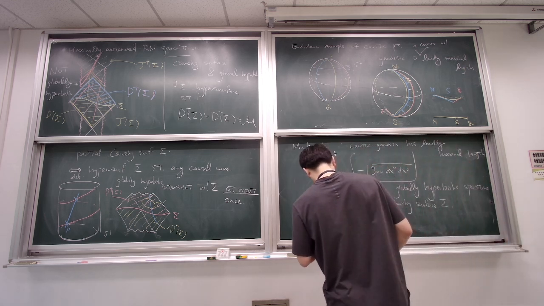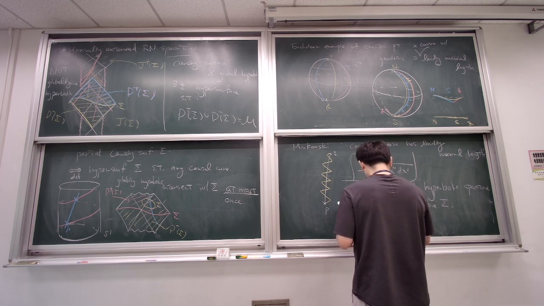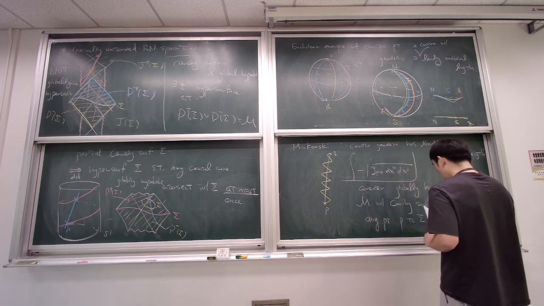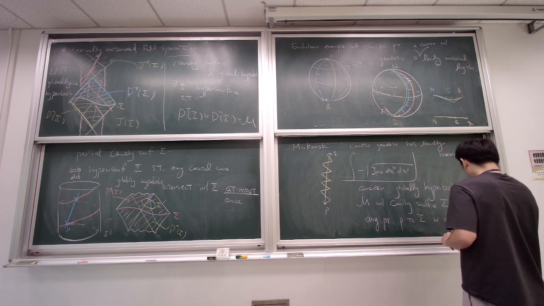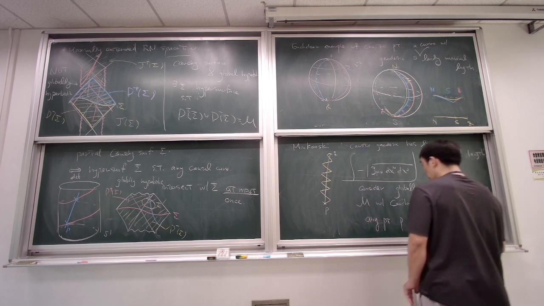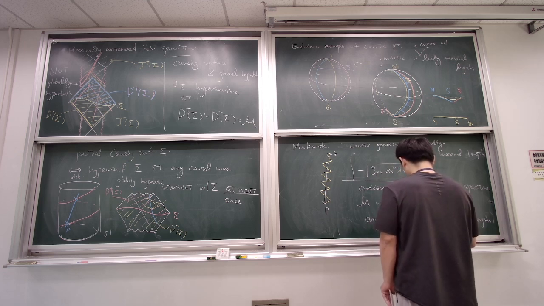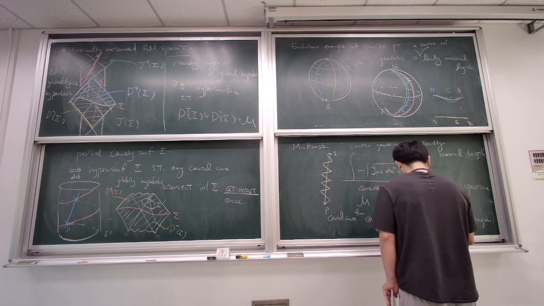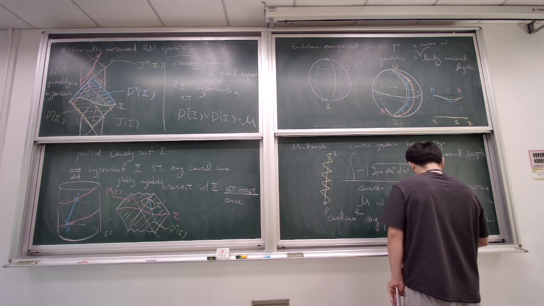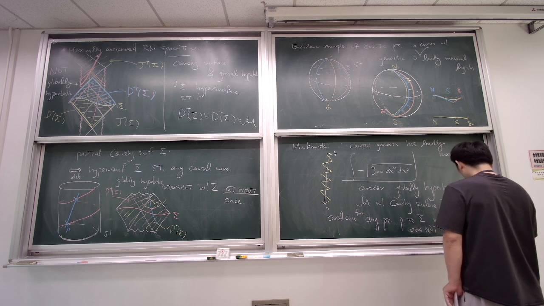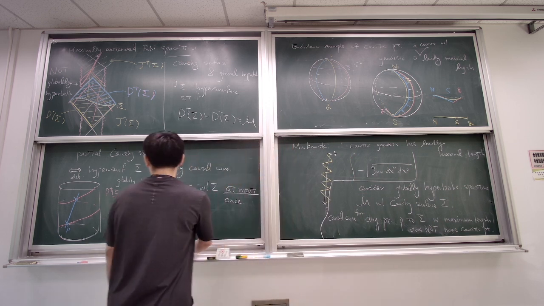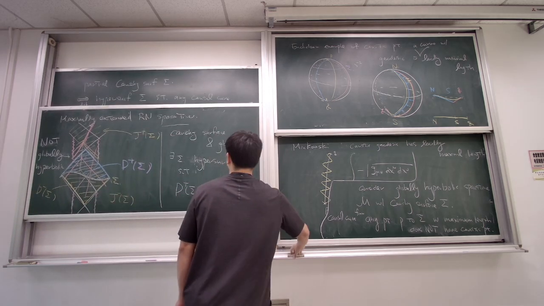Then any causal curve from a point P to sigma that has the maximum length cannot contain any caustic point. So this is a theorem. Let's prove this.